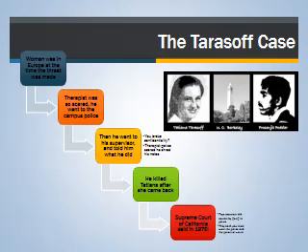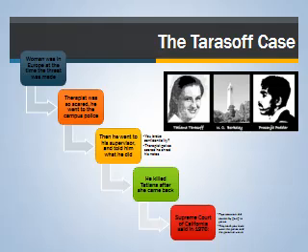So the Tarasoff case, this woman was in Europe, and this guy named Poddar said, I'm going to kill her. The therapist went to the police and his supervisor. The supervisor was mad that he did it. Nobody did anything. Poddar killed Tatiana when she came back, and the Supreme Court ended up saying that the therapist did the right thing, but you also need to warn the victim.